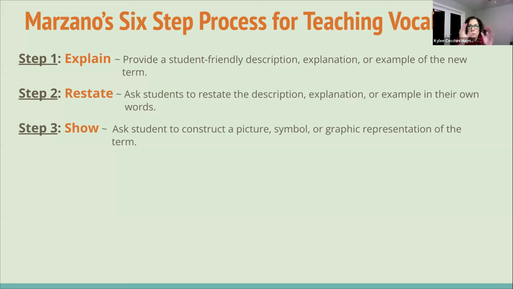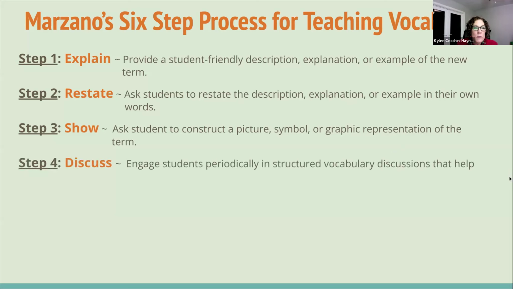So Frayer models aren't set up where it has to be a certain way, but it really is asking students to understand the word from different angles, if you will.